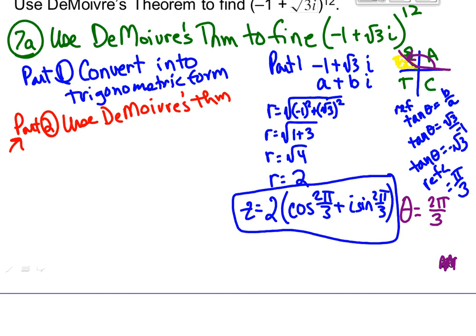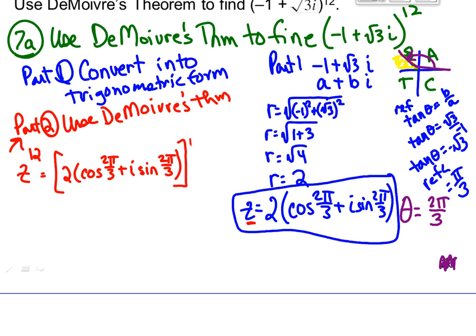Now, part two is now to use de Moivre's theorem. And so that is now going to be finding z to the 12th, because I just named that z a minute ago. So z to the 12th is going to equal, and I'll write it first this way, a bracket, 2 parentheses, cosine 2 pi over 3 plus i sine 2 pi over 3 in parentheses, bracket to the 12th.